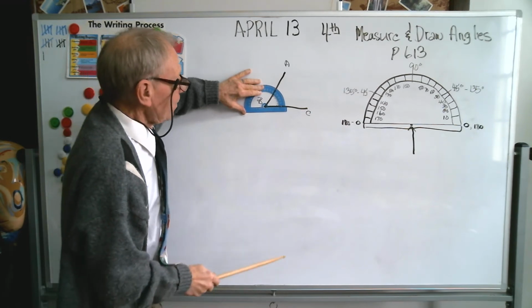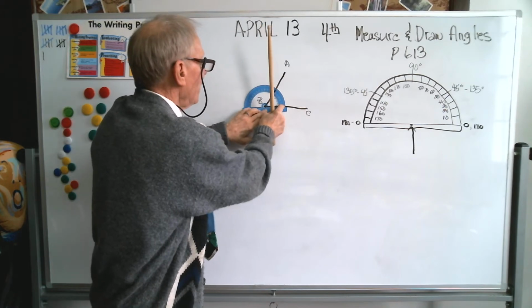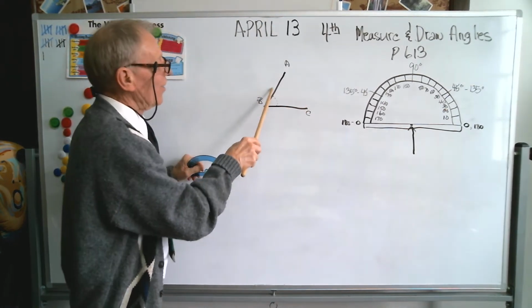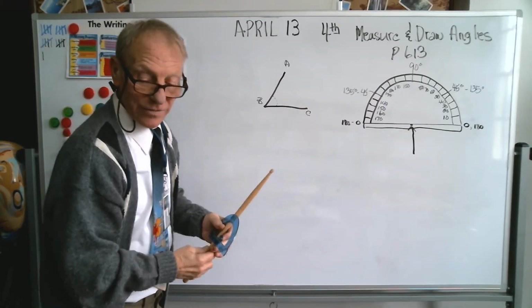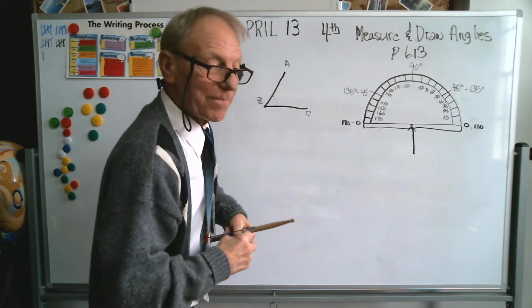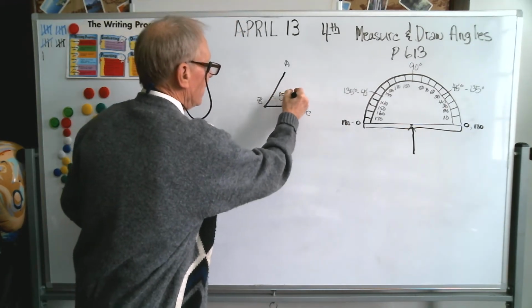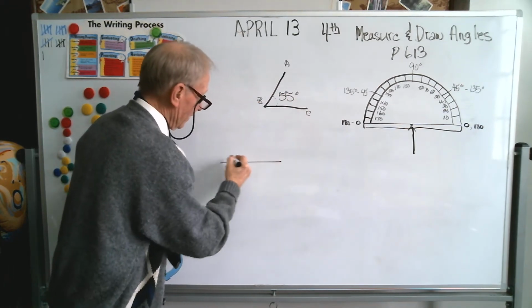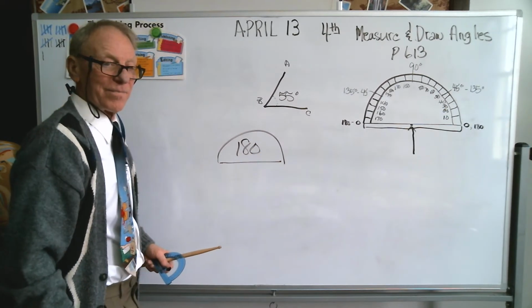Now, what if I want to know this angle? Well, we know that this angle is 55, right? We just measured it, 55 degrees. Now, we know that that's 180, right?